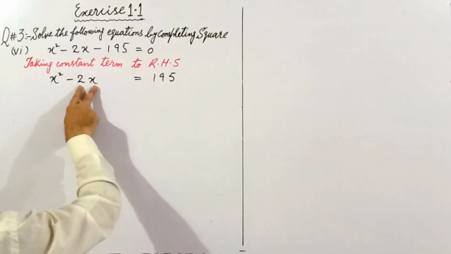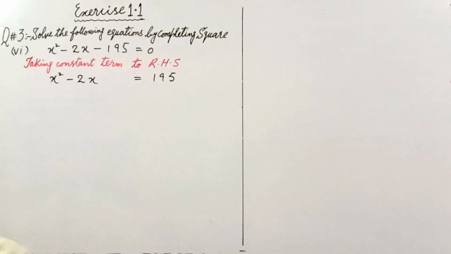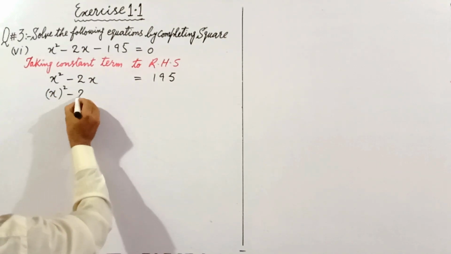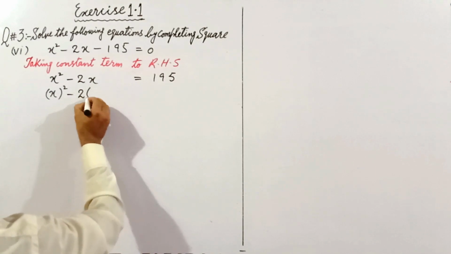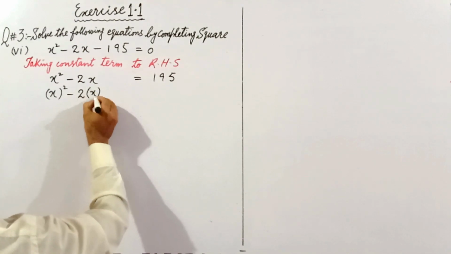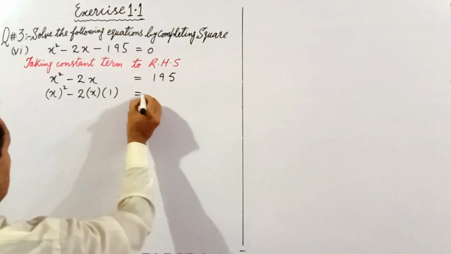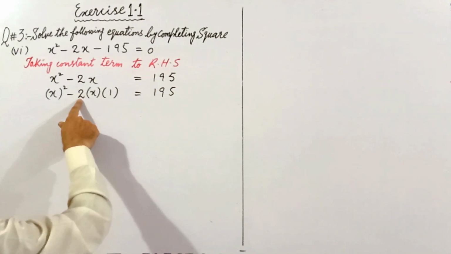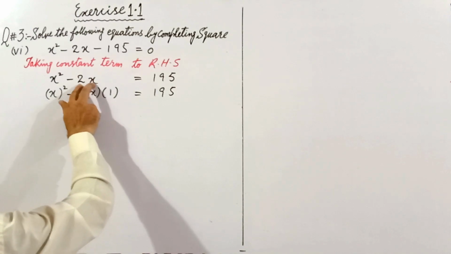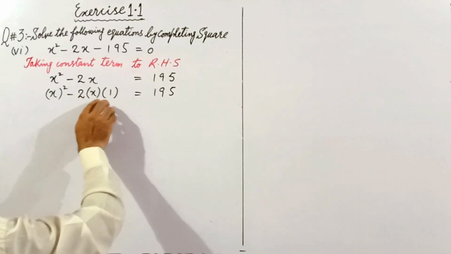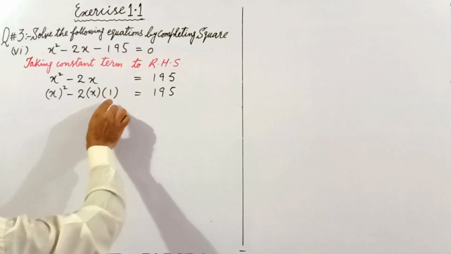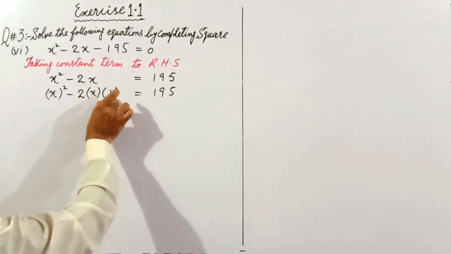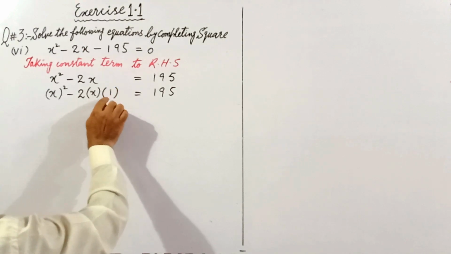As 2 is present in the linear coefficient, so we can rewrite as x square minus 2 into x into 1 is equal to 195. When we extract 2 from 2x, so 1 is left, so therefore we write 2 into x into 1 and we get the value of the second term of the perfect square, that is 1.